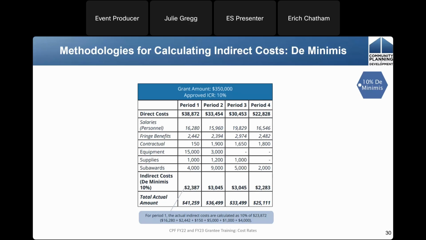So there are some calculations again. Periods 1 and 2, you've got to be mindful to deduct the equipment, and then it's 10% of what remains. Periods 3 and 4, we had no equipment, so the full direct costs are eligible for the 10% de minimis rate.